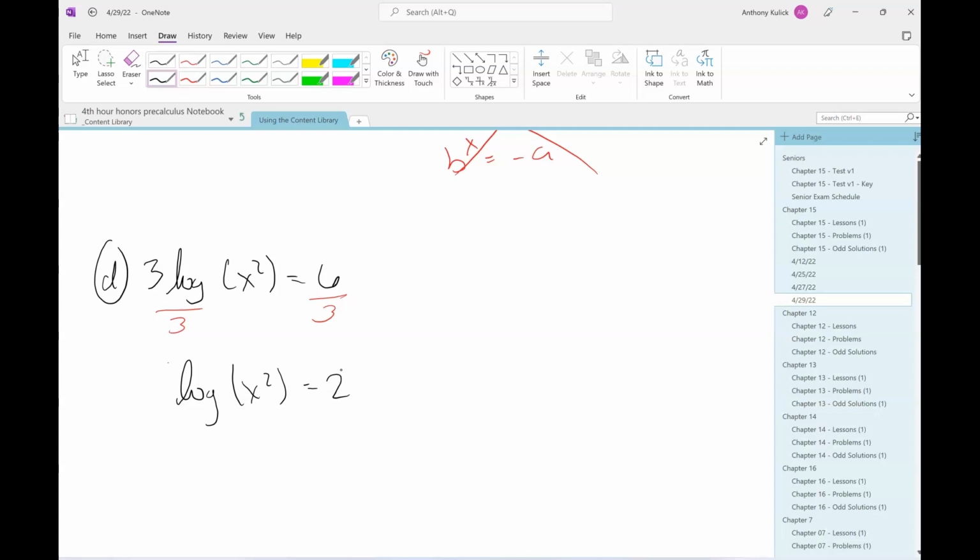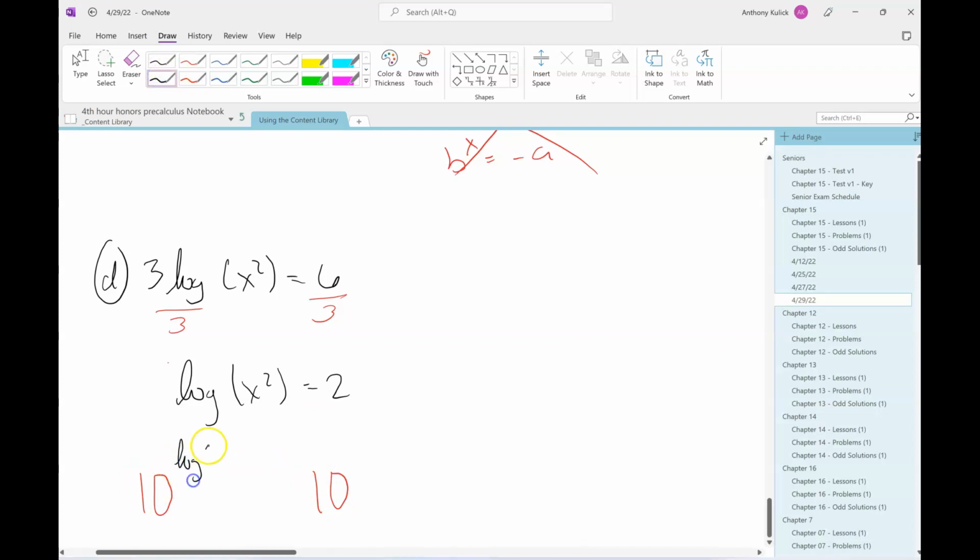What do you want to do here? What's the base for this logarithm? Does anybody remember? 10 is correct. So one thing you could do is raise 10 to the exponent on both sides.